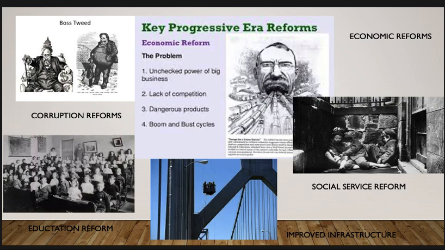Many of these progressive people were highly educated or had some kind of professional training. They were globally aware because many of them had traveled to other countries as part of their education. So they had a global perspective.